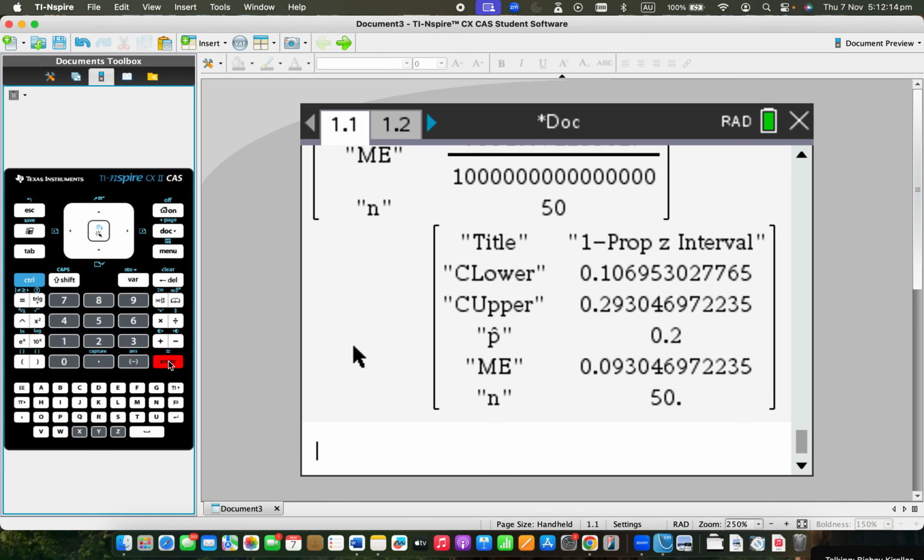So the minimum is 11 and the max is, what's the max? Oh, it's not just 50, is it? Well, if it's 50, we don't have a confidence interval, because p hat would be 1 minus 0, 1, so it would just be 1 to 1.